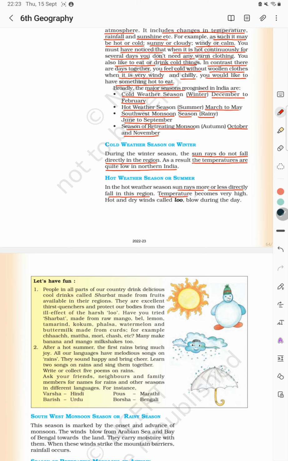So temperature becomes very high, and hot and dry winds, called loo, blow during the day. During winter, the sun is on the Tropic of Capricorn, so there are slant rays on the northern hemisphere.